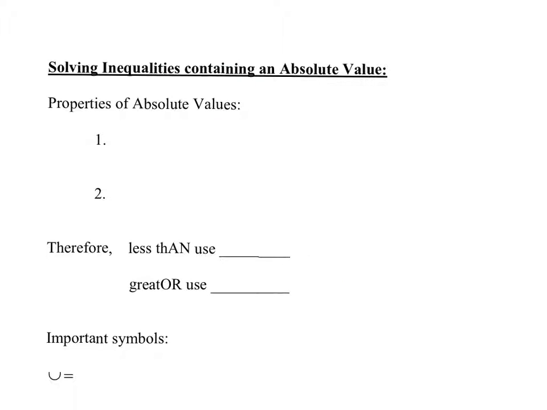All right, our last type of inequality that we're going to discuss today is an inequality that contains an absolute value. Just like an absolute value equation, we have to compare this absolute value to a positive and a negative value. So there's two properties of absolute value inequalities that we're going to have to know.